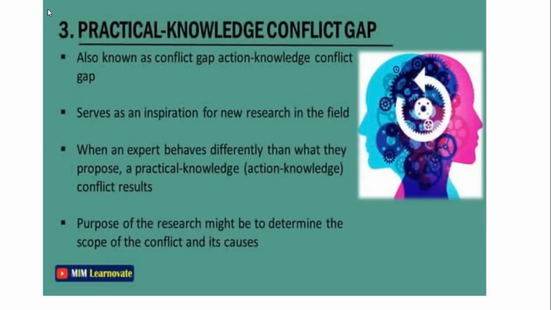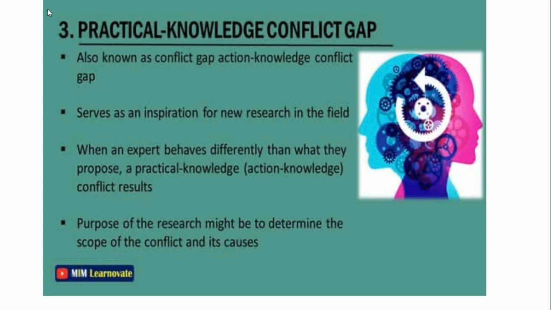So, moving on to the third one, which is the practical knowledge conflict gap, also known as the action knowledge conflict gap. It serves as an aspiration for new research in the field, and when an expert behaves differently than what they propose, a practical or action knowledge conflict results.